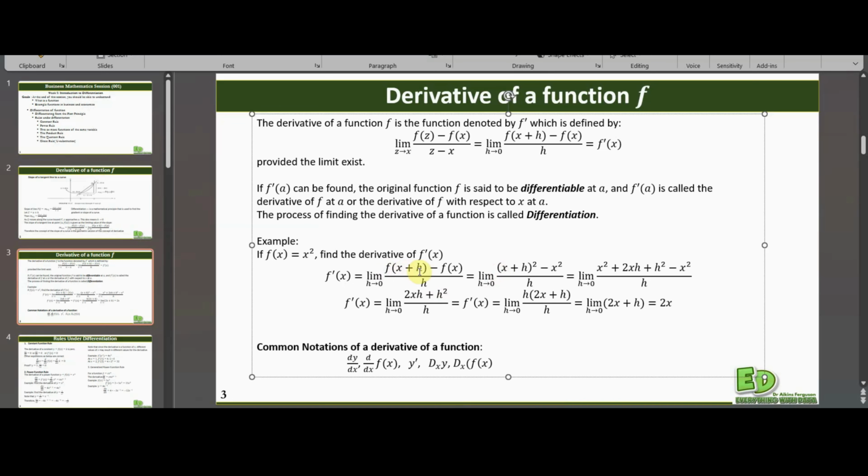The x plus h is just the summation of your horizontal distance plus x. Why is it x plus h? This x plus h is used when the function given to you has a component of the variable x in it.